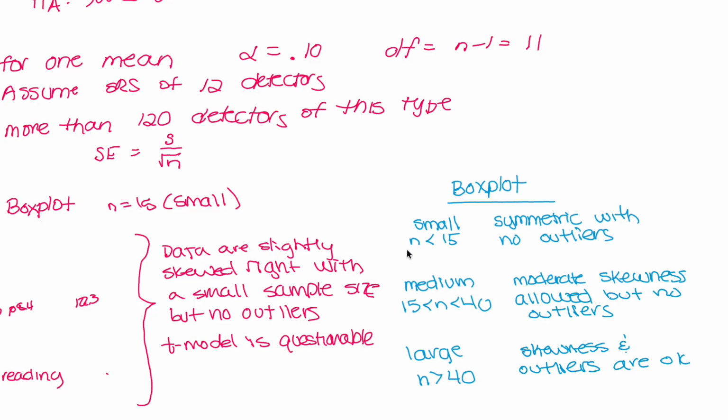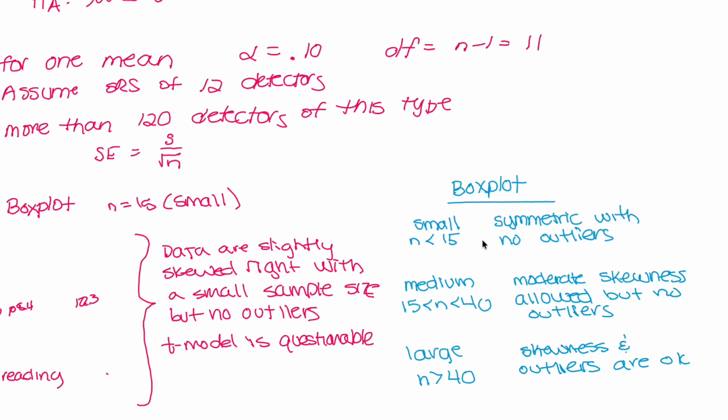If the sample size is less than 15, which is a small sample size, and the box plot is symmetric with no outliers, then in this case the t-model is good to go.